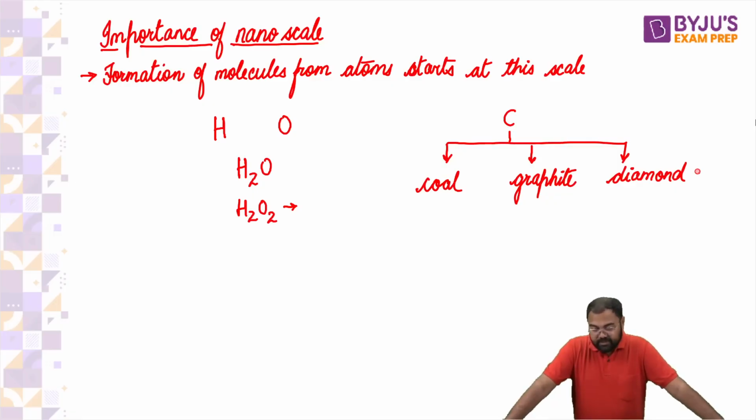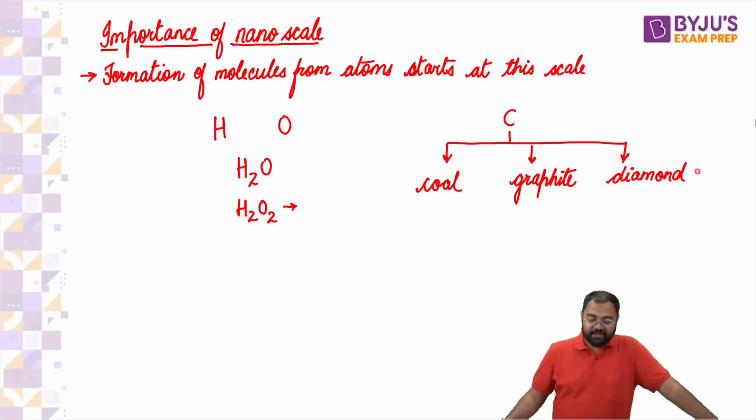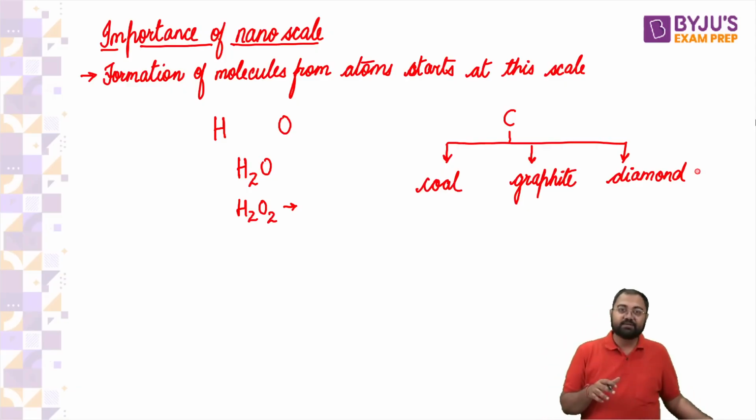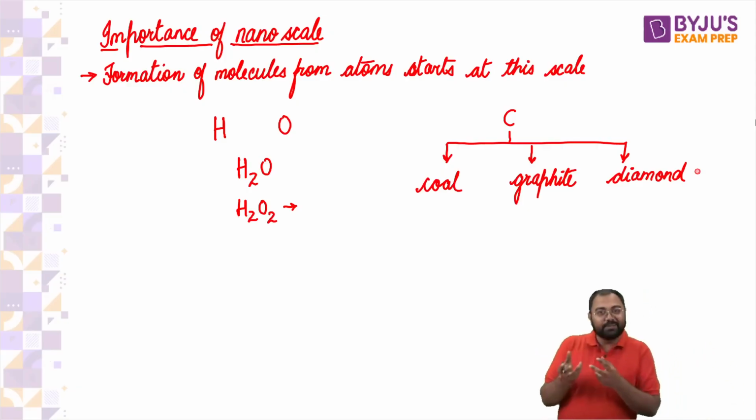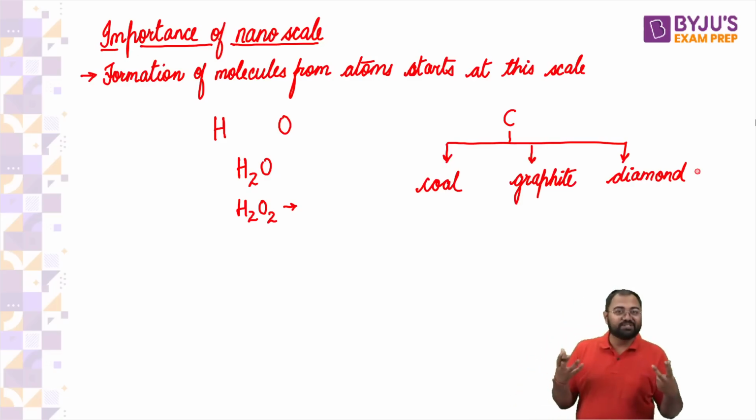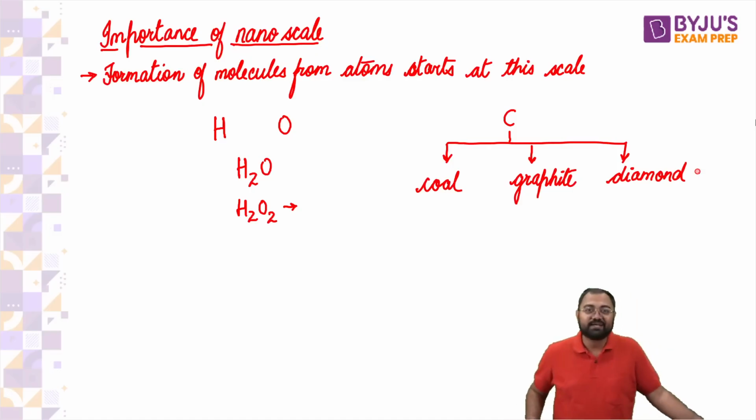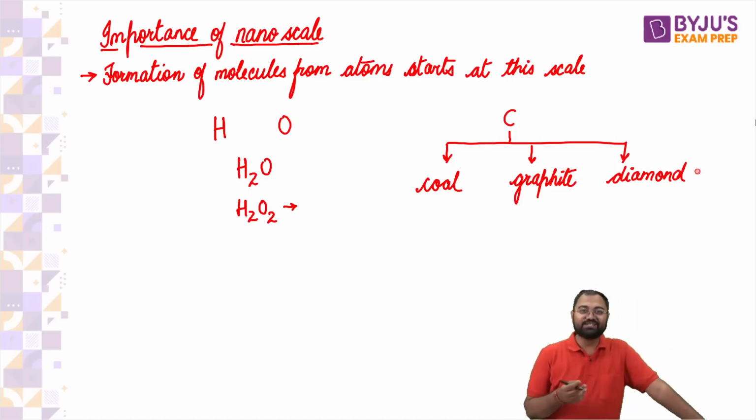Now in this scenario, the only difference between graphite and diamond is that the arrangement of carbon atoms in graphite is different from the arrangement of the same atoms inside diamond. And what's the difference that comes because of just a basic difference in arrangement? One becomes a very precious stone, sold for a very, very high price. On the other hand, you have graphite that is used in our pencil.